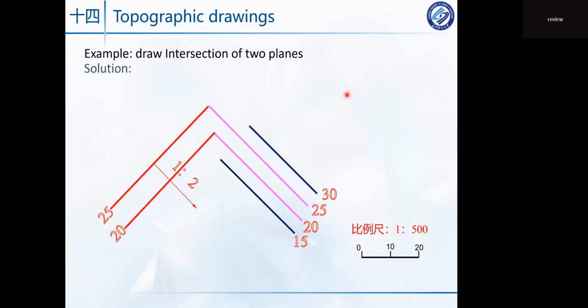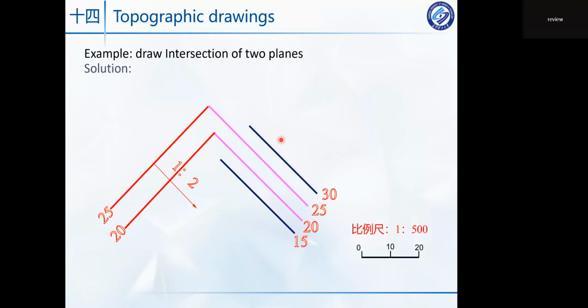Also, some students ask me, if we don't use the control line 20, can we use another one? Yes, of course, you can use another one. For example, you can use the control line with elevation 15, and also you can use this one.